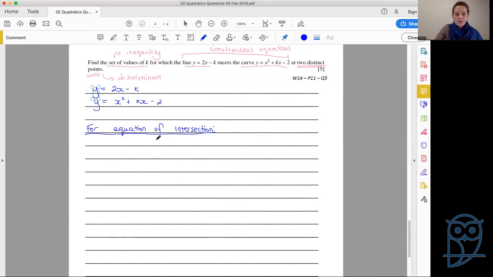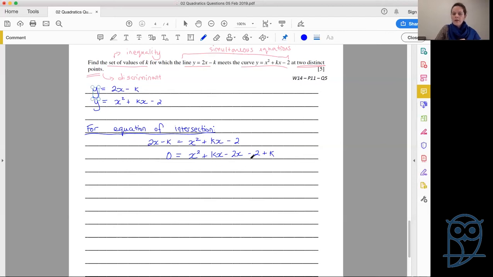We have 2x minus k equals x squared plus kx minus 2. Simple and straightforward, because if y equals this and y equals that, then this equals that. Let's get everybody on the same side with a happy x squared because it's easier to deal with. x squared plus kx minus 2x minus 2 plus k.